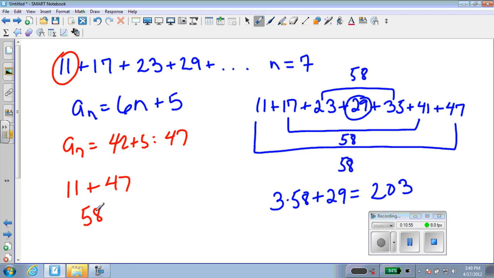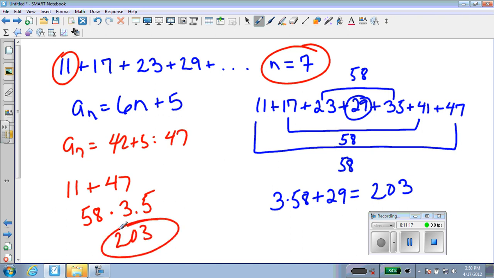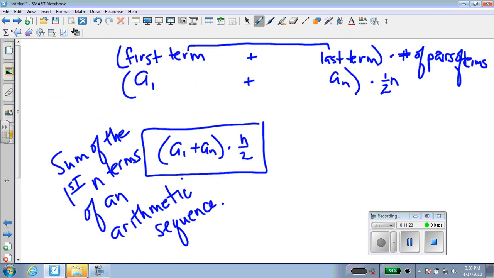That's 58 times half the number of terms, so 3.5. So 58 times 3.5. I'm going to punch it up on my calculator just to make sure. 58 times 3.5 is 203. So it works. So even if the number of terms is odd, our formula for finding the sum still works.